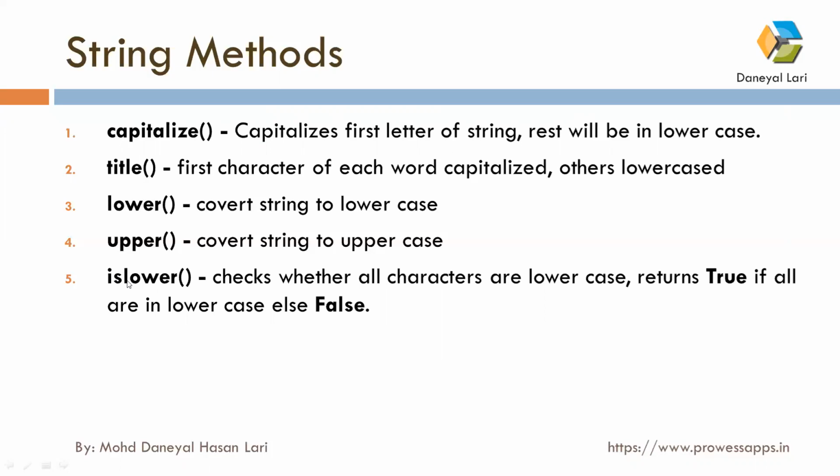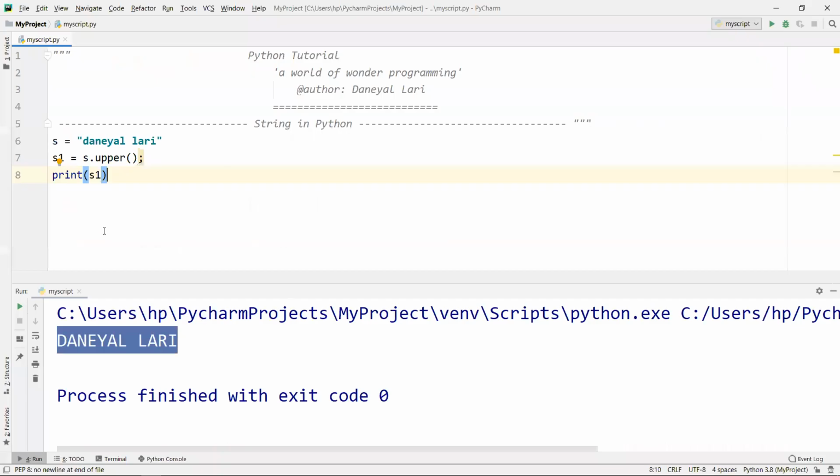Remember that those methods' return type will be either true or false, meaning the return type will be boolean. So islower will check whether the string contains only lowercase letters or not. islower checks whether all characters are lowercase, and returns true if all are in lowercase, else it returns false.